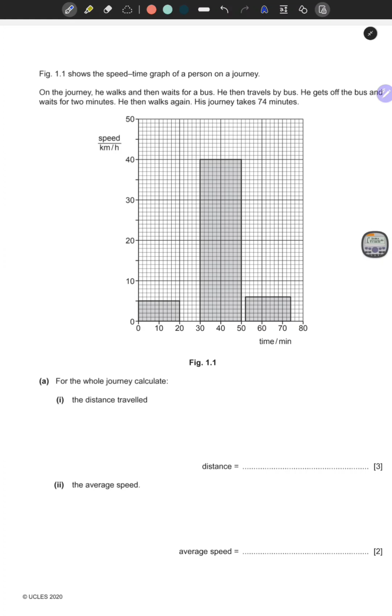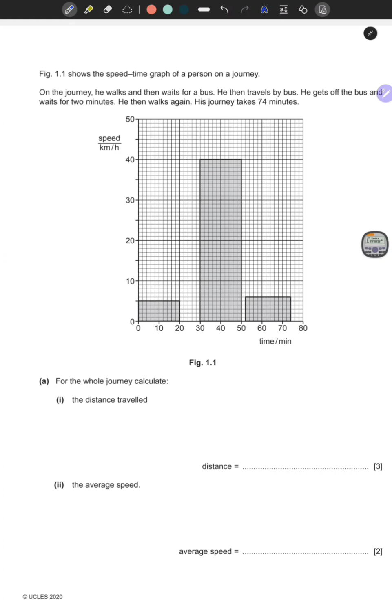Whenever we have a figure like this and the question asks me to find the distance from this figure, the distance is always the area under the graph. I'm not going to count the area when the guy is waiting for the bus.